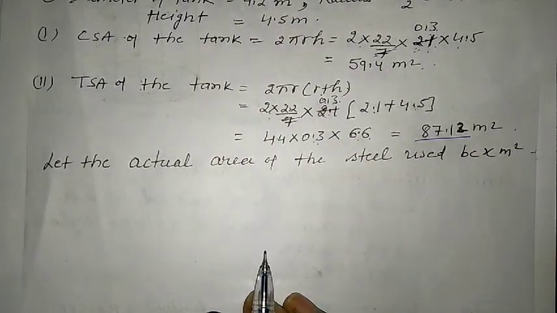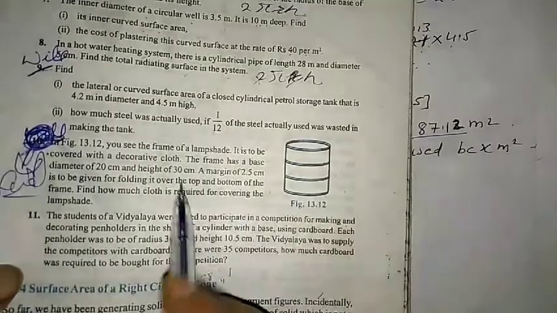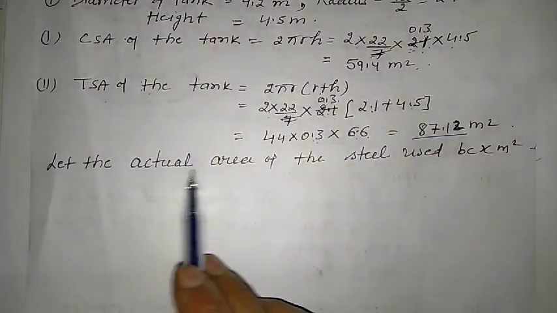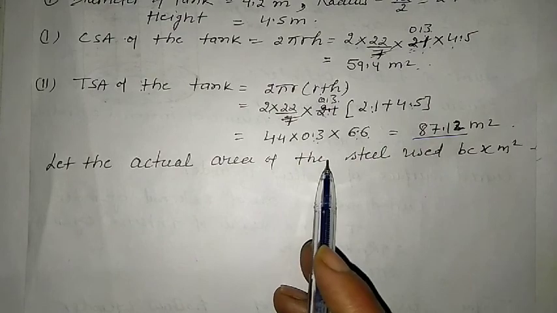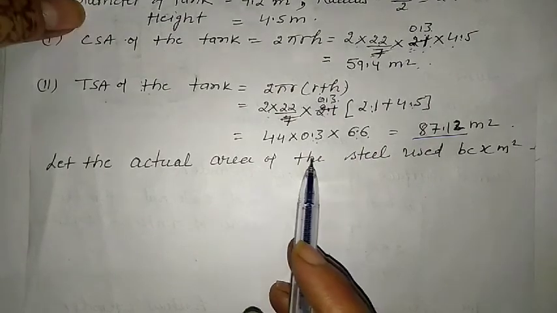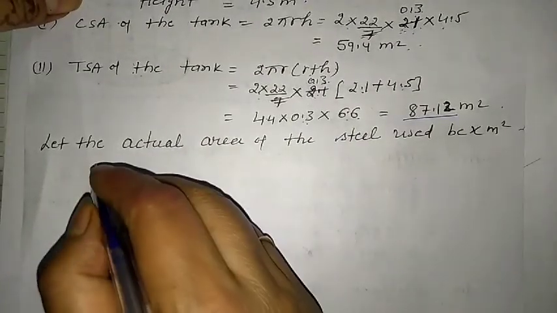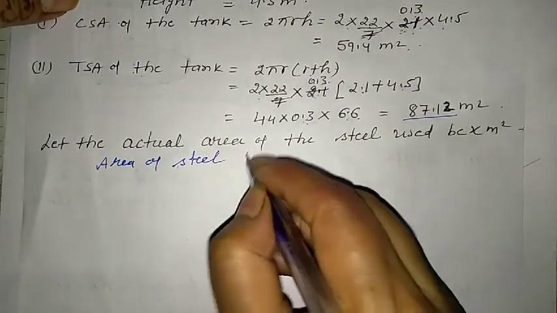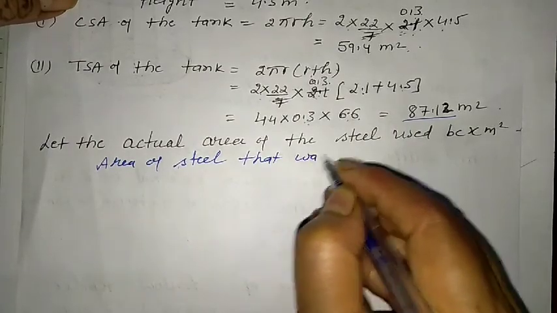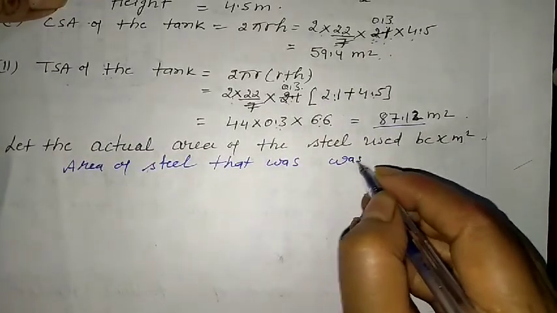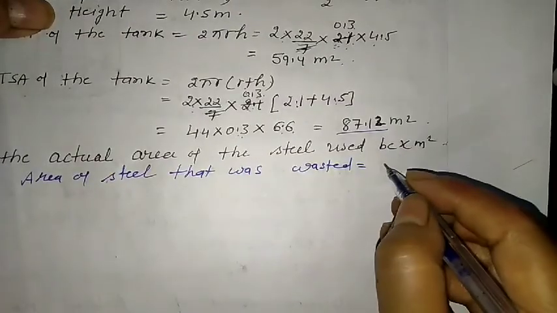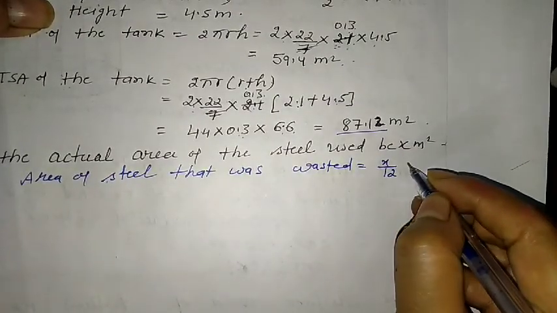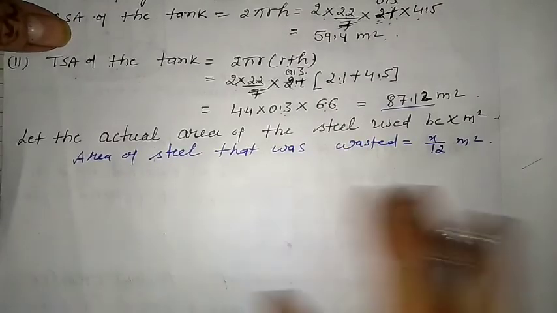Now for this part, how much steel was actually used, we have to tell. If 1 upon 12th of the steel used was wasted, so let the actual area of the steel used be x meter square. Okay, so area of steel that was wasted is equals x upon 12 meter square, right?